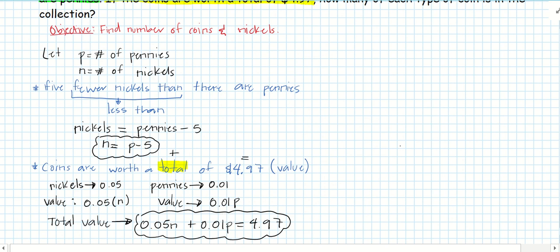So now we're going to go to, let's say, step 3, now that we have broken apart the two sentences. We're going to plug in N equals P minus 5 into the second equation, okay?